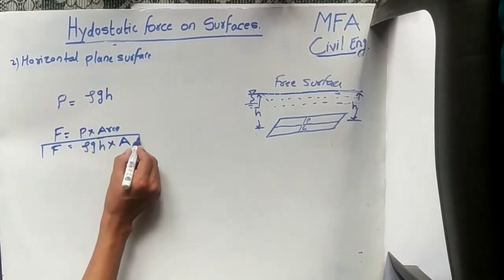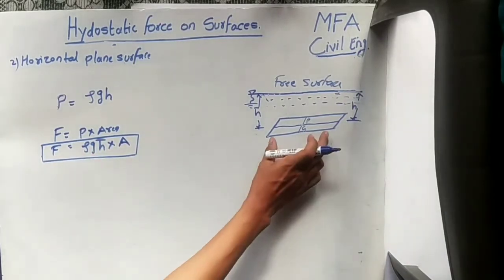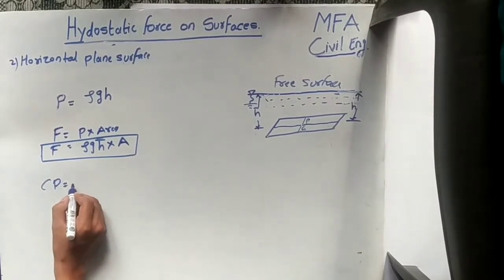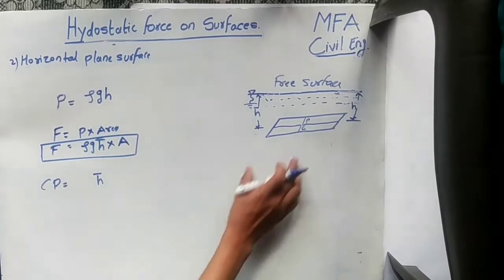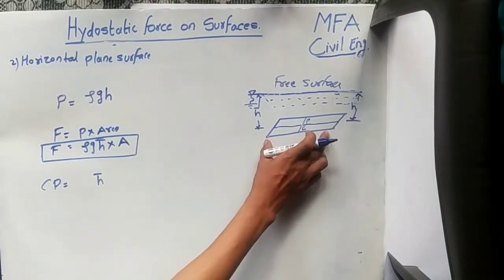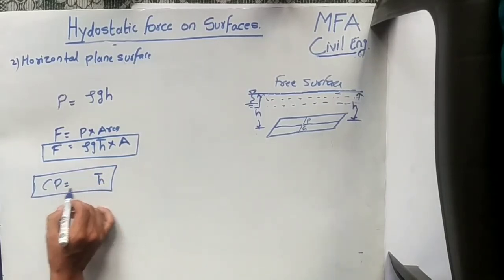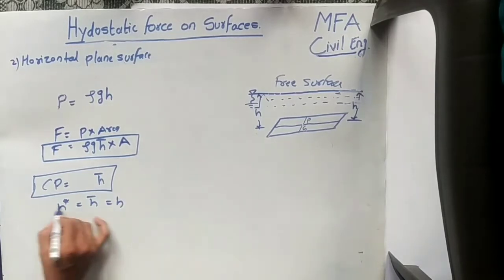This is the expression for the total pressure acting on the horizontal plane surface. The center of pressure is equal to h bar, as all points on this plane are at an equal distance from the free surface. Then the center of pressure h star is equal to h bar, which is equal to h.